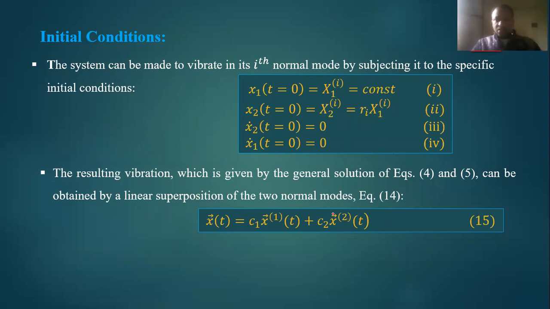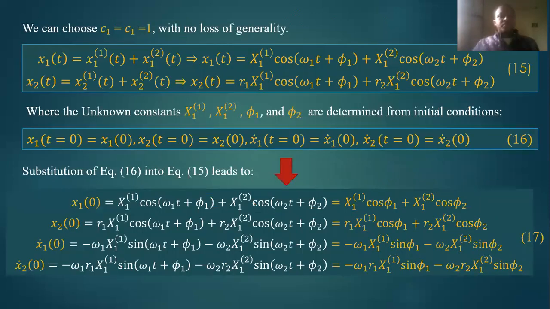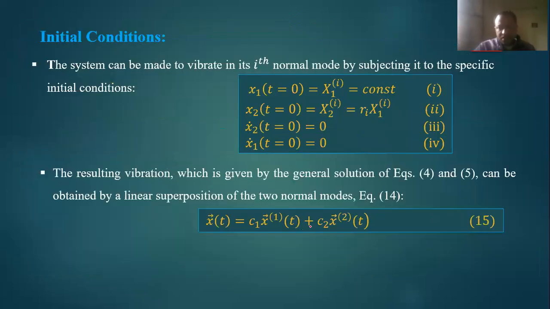So this is called superposition. So what we can get then, just considering C1 and C2 as 1 for no loss of generality. So here, just consider this as 1, and again this C2 as 1, just assuming no loss.